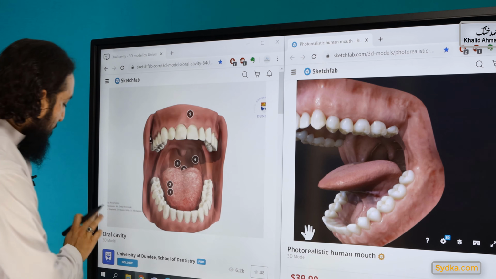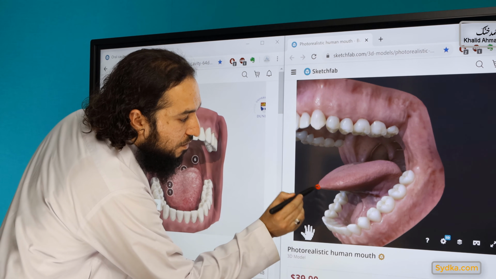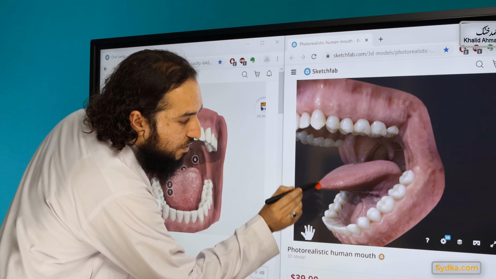This is the tip of the tongue, and we will be using the top side of the tip of the tongue.